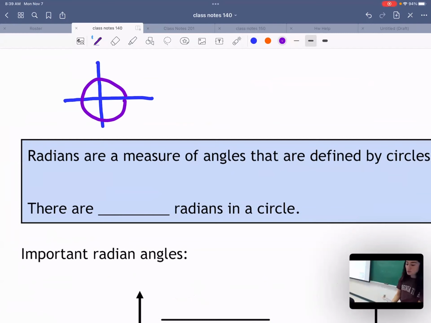Okay, and let's talk about the circumference. Remember, the circumference of any object is how long it is on the outside. So if I was walking around the edge of the circle, how long would I walk? I know this is taking it back a few years, but does anyone remember the circumference of a circle?